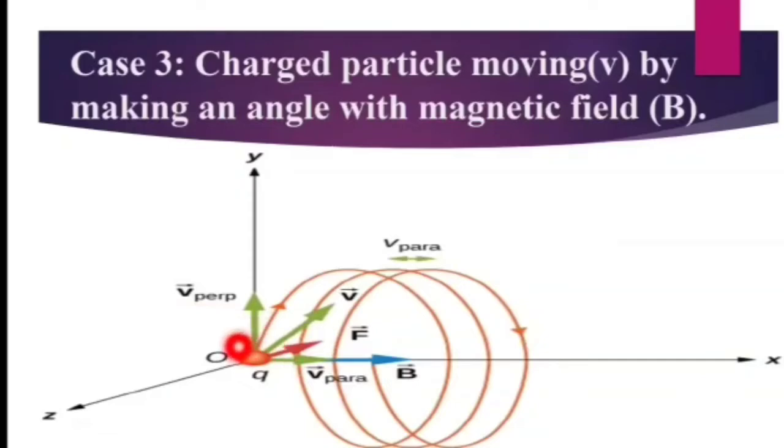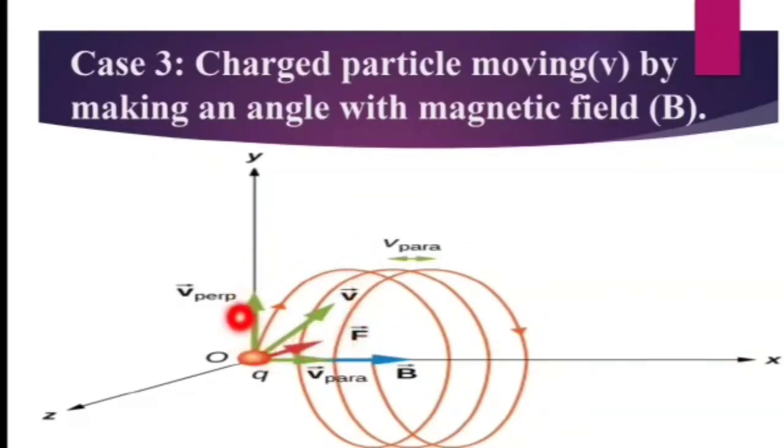Due to these two components, we will have a particular motion. We have already understood that if the velocity is parallel, then the particle moves unaffected, that is, it follows the same path. So due to this parallel component, our particle will have a forward motion. But we have already seen that due to a perpendicular velocity, the particle follows a circular path, as we understood in case 2.